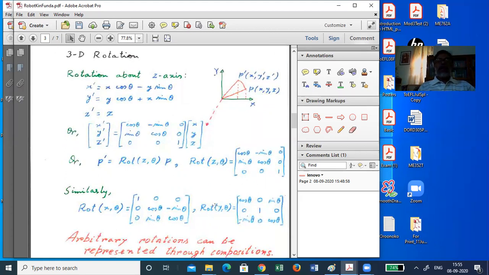When it is rotation about y axis, the second column and the second row will be the appropriate unit vector 0, 1, 0, and the other four elements like this will be composed of cosine theta and sine theta. However, make note that in the case of y, the minus sign does not come in the northeast corner, but it comes in the southwest corner, okay, the other corner.